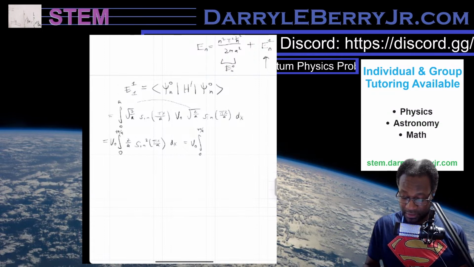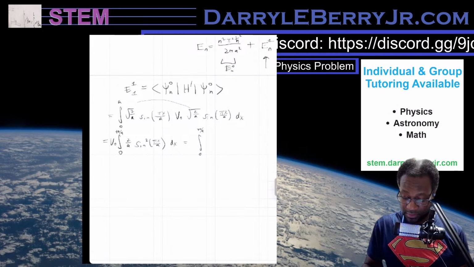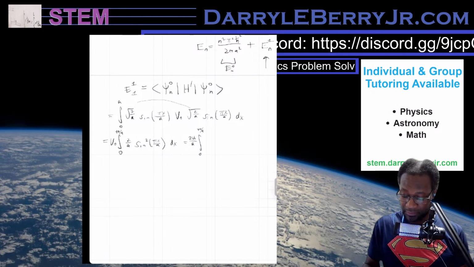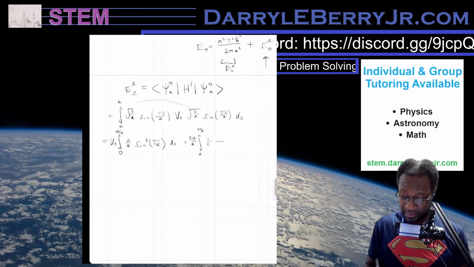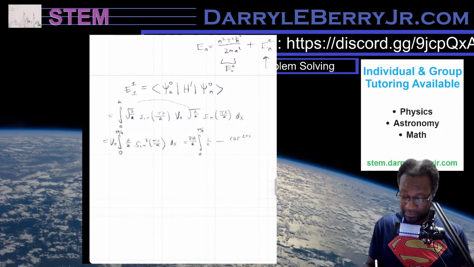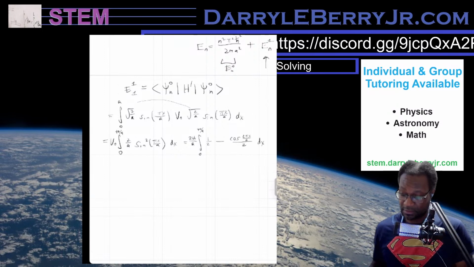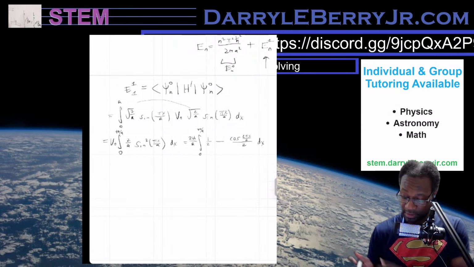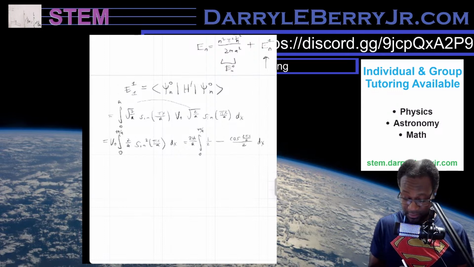So we have, and I'll actually put this in the front as well, 2 V naught over a. And we have 1 over 2 minus cosine 2 pi x over a over 2 dx. And then we'll go ahead and integrate this.